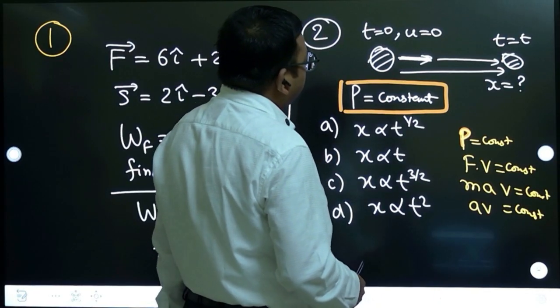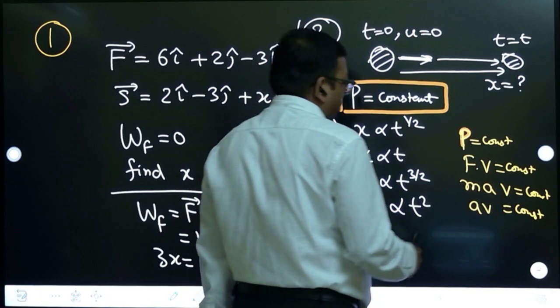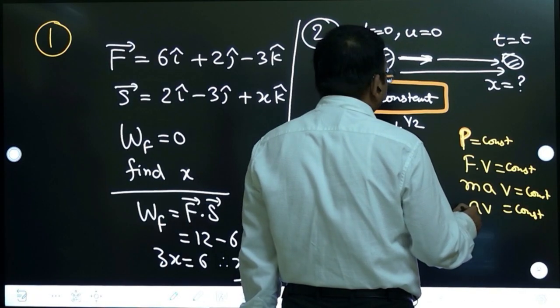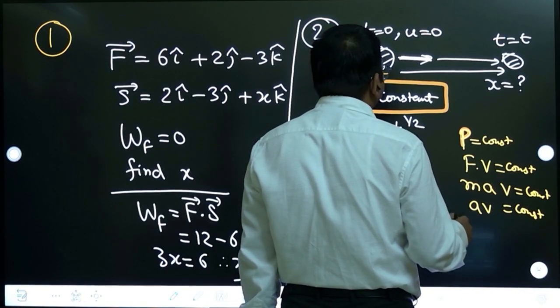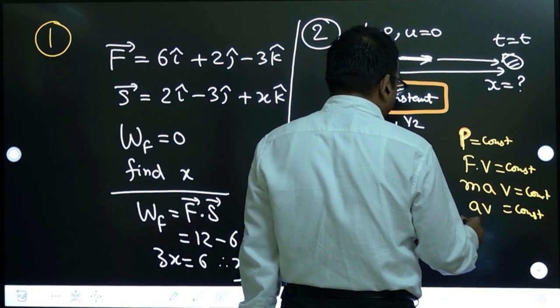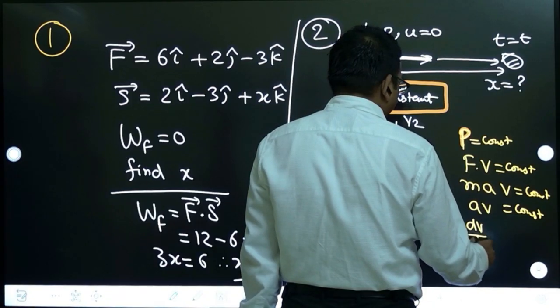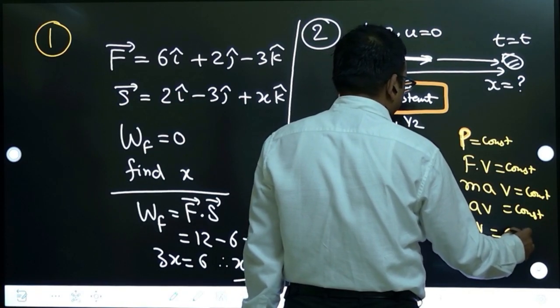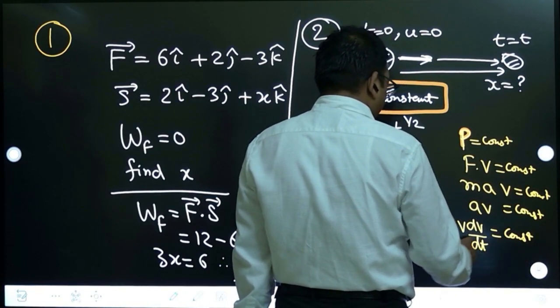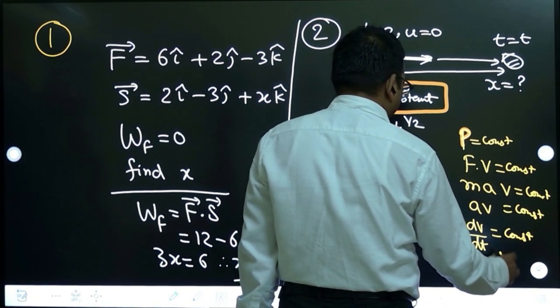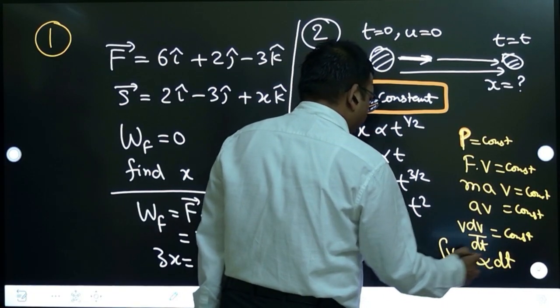Then acceleration I can write, is acceleration constant? If acceleration is not constant, I can write in general dv by dt, and this is anyway v. So v dv by dt is constant. So v dv is proportional to dt. Then I will integrate it.